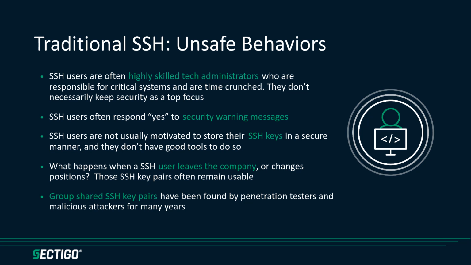And these things have been found by penetration testers and also malicious attackers for many, many years. They've been spotted in GitHub source code. They've been spotted all over the place. So in other words, what you think is just sitting on the desktop is probably, if you were to really have full visibility to everything, you might be finding these keys all over the place where bad guys can find them.